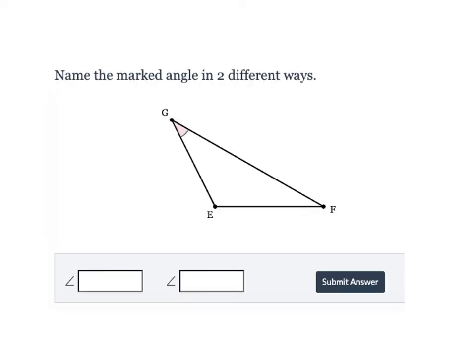When you move on to Delta Math, you will get some problems that look like this. Here's an example. You'll name the marked angle in two different ways. So this marked angle right here, we can name it plain old angle G. That would be with one letter. But if we want to name it with three letters, we use the connect the dots idea.